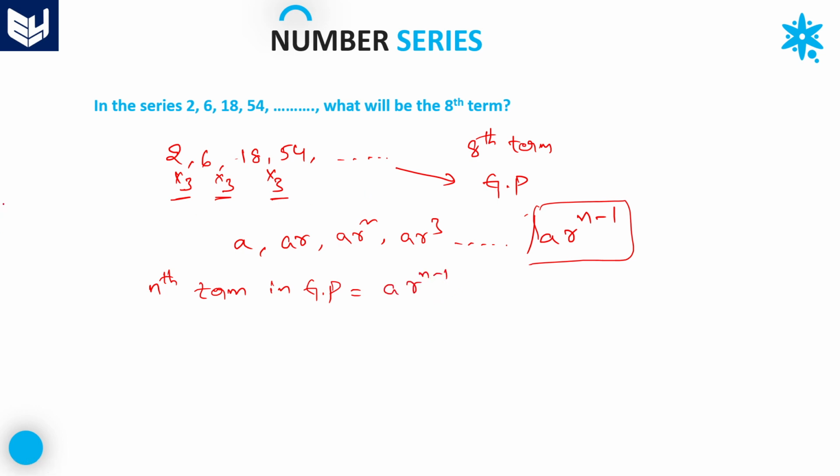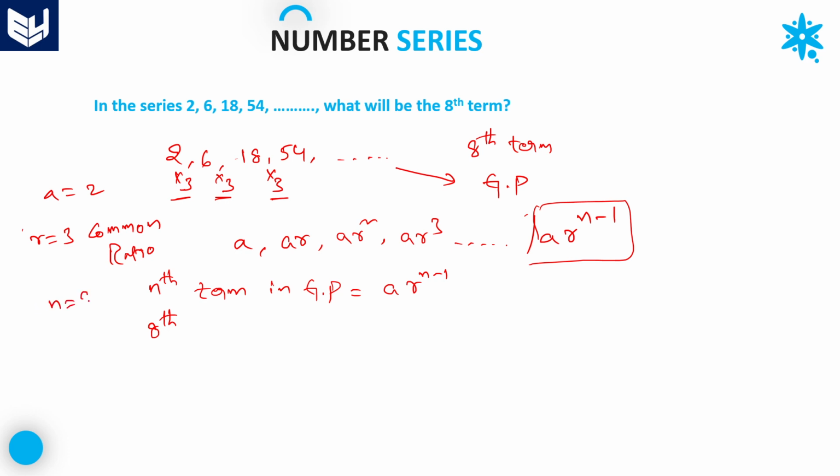Here A is equal to the first term, A is equal to 2, and R is equal to 3. R is called the common ratio. The common ratio in this problem is 3, and we have to calculate the 8th term.